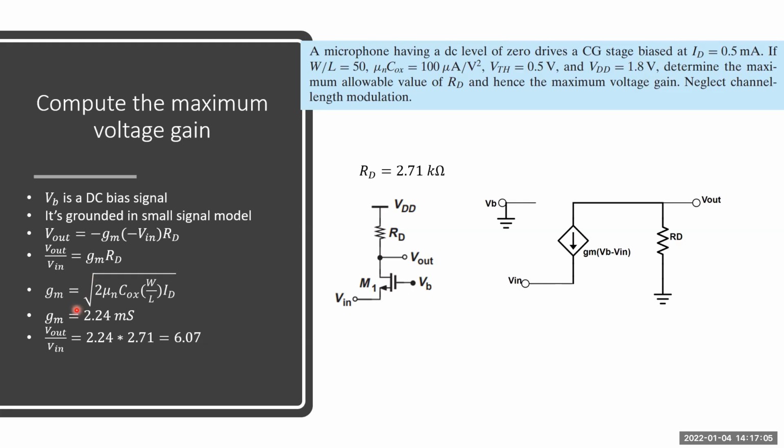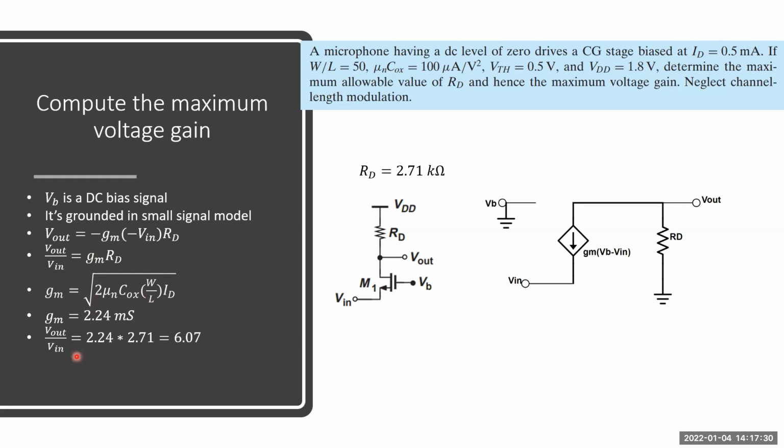How can we find GM? The GM expression can be written as the square root of 2 mu n Cox W over L ID. Mu n Cox and W over L are given in the question. The ID value is given in the question as well. Then GM is 2.24 millisiemens.